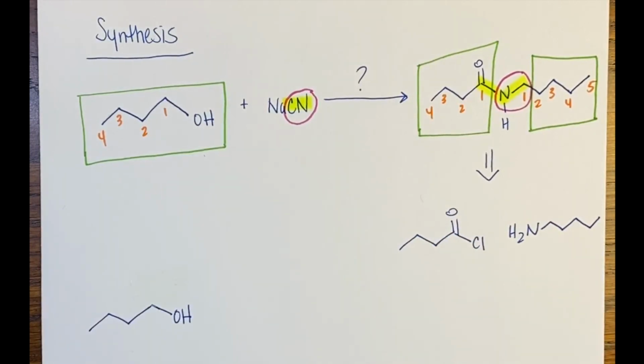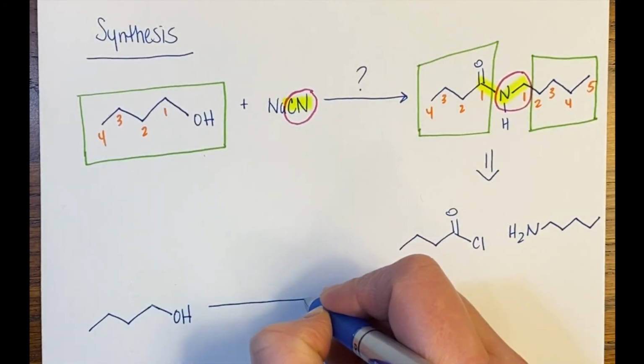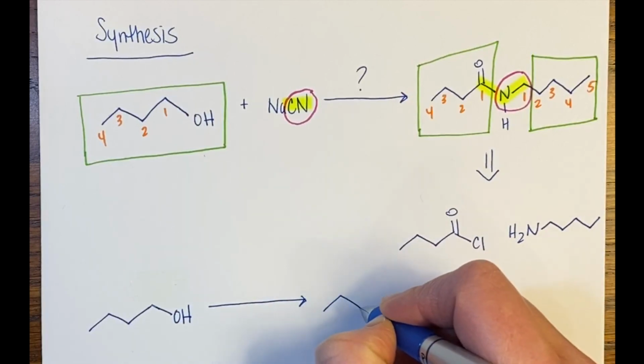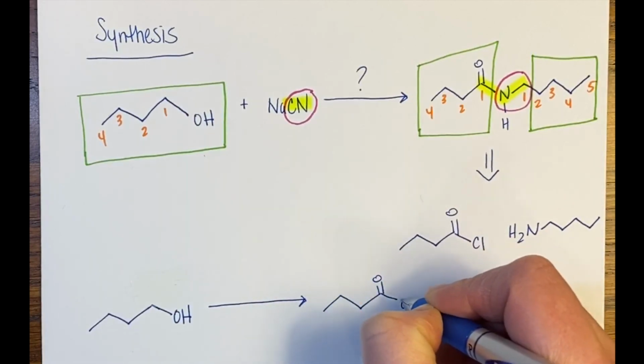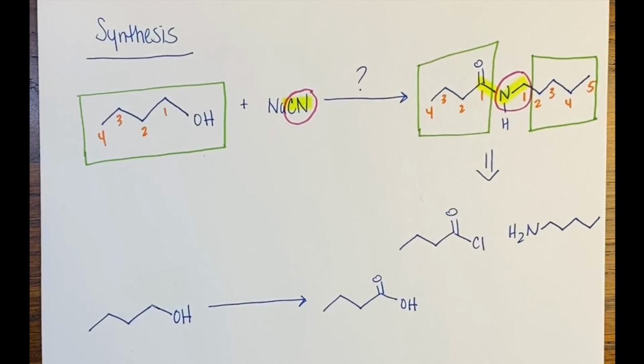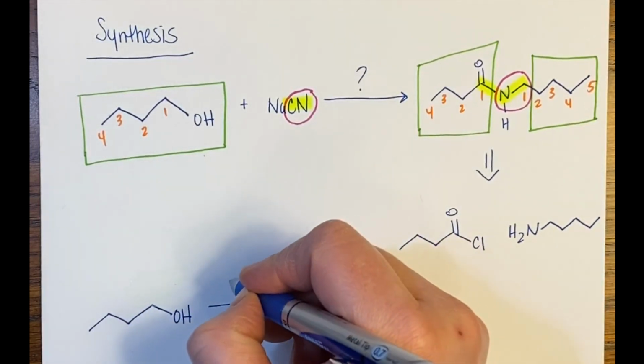So if I think first about how I'm going to take the alcohol and convert it to the acid chloride, I can do an oxidation from a primary alcohol to a carboxylic acid using one of my 3 methods. I can use sodium dichromate with acid and water. I can use chromium trioxide with acid and water. I can also use KMnO4.